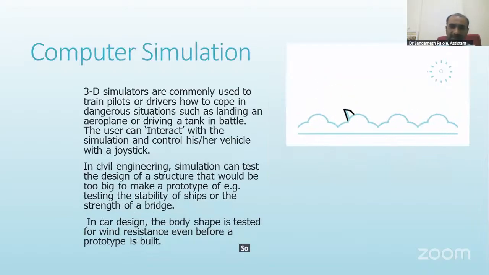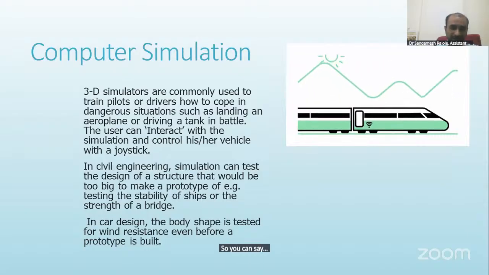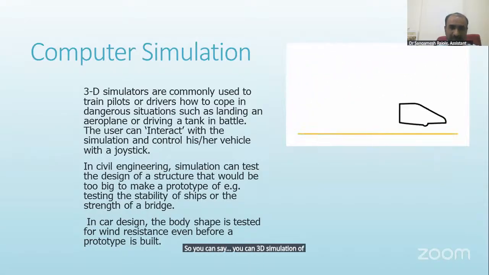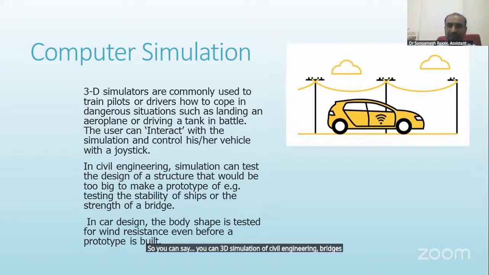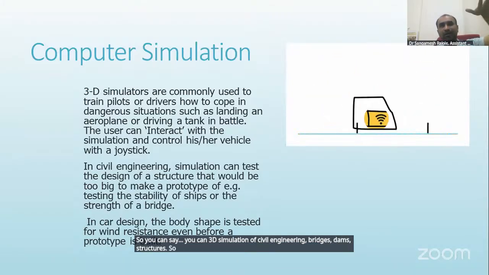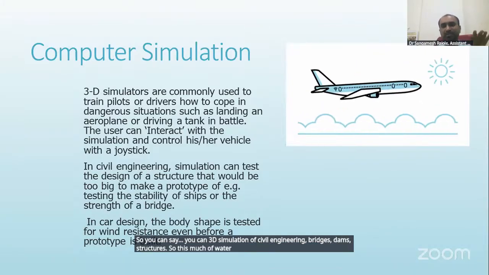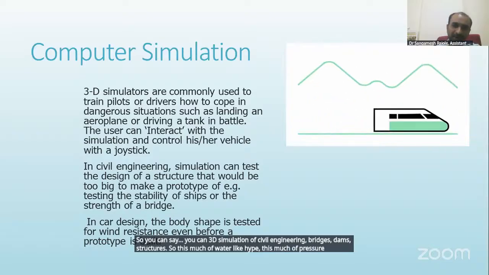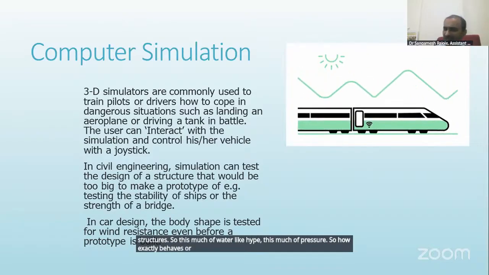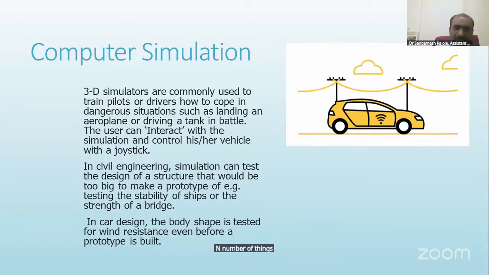You can do 3D simulation of civil engineering, bridges, dams, structures: this much water with height, this much pressure, and how exactly it behaves, or ballistic simulations, n number of things we can do.